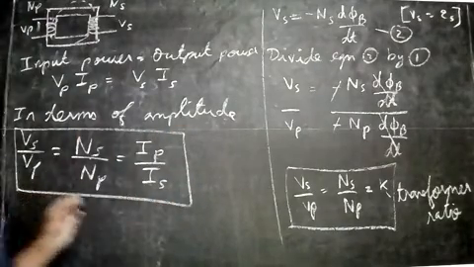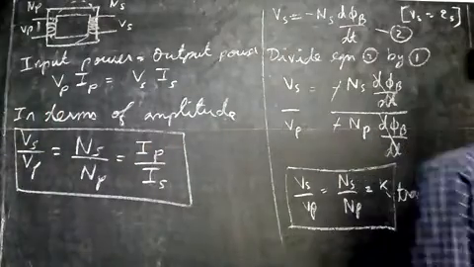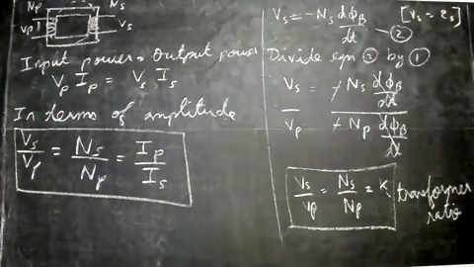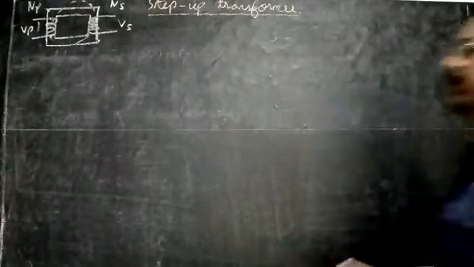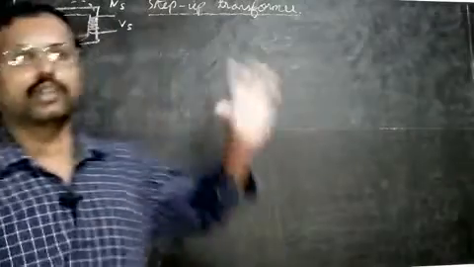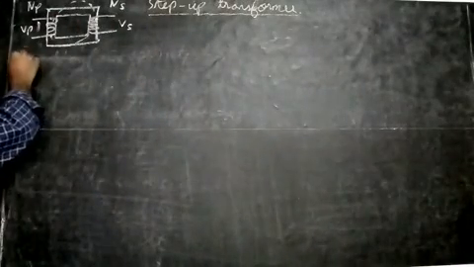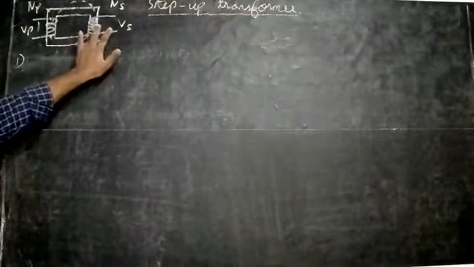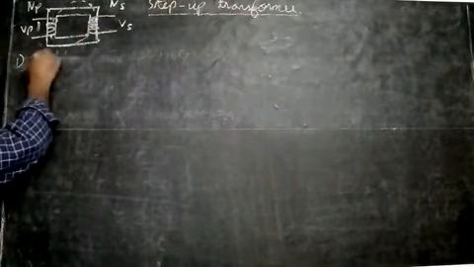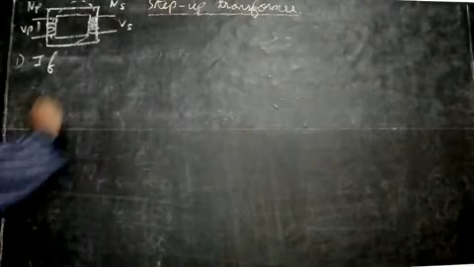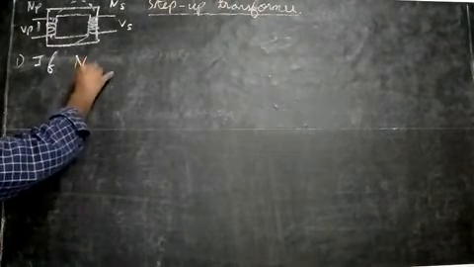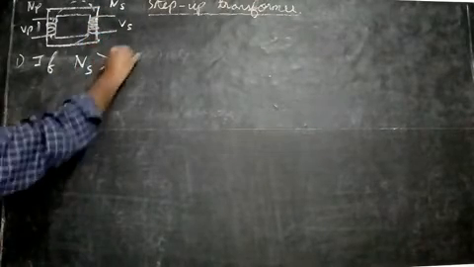Next we'll see what is meant by step up and step down transformer. Now let's see the step up transformer. Draw it one more time. In the step up transformer, the number of turns in the secondary is more than the number of turns in the primary.